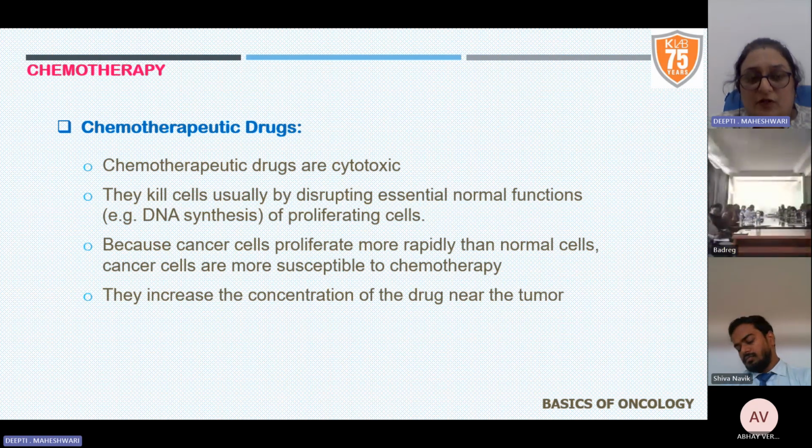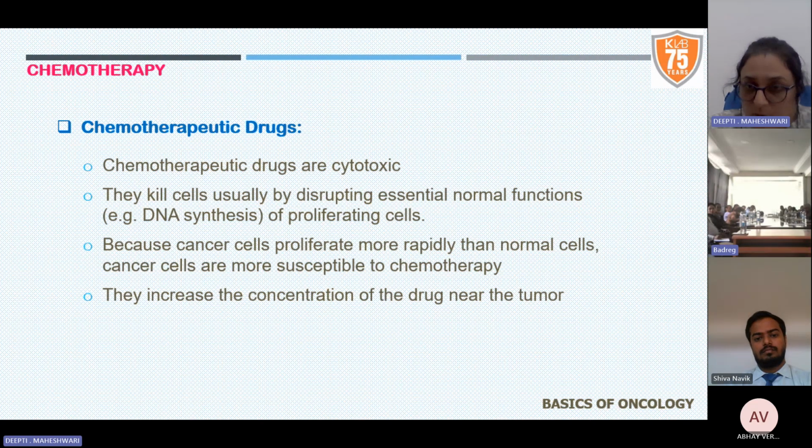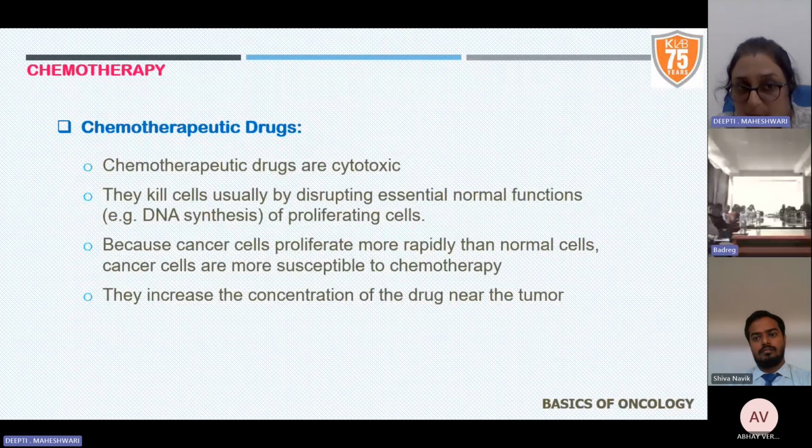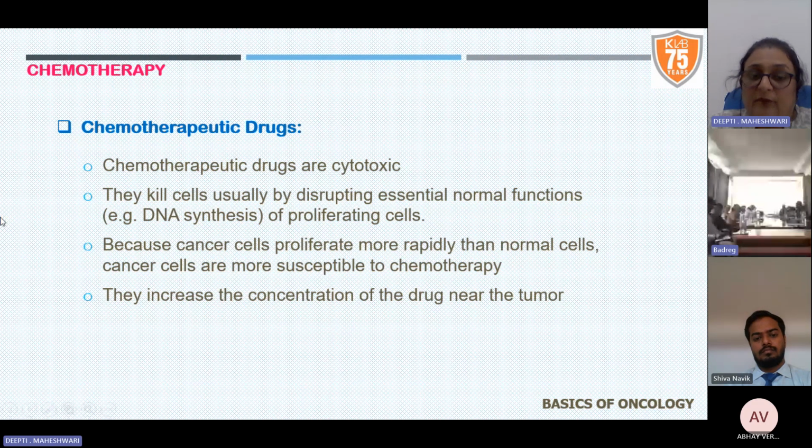The most important function is DNA synthesis, so they can damage the DNA synthesis, and then they can kill the cancer cells. Because cancer cells proliferate more rapidly than the normal cells, cancer cells are more susceptible to chemotherapy. Why? Because chemotherapeutic drugs will act on the fast multiplying cells, and cancer cells are fast multiplying cells. Therefore, the cancer cells get damaged when chemotherapeutic drugs are being given.